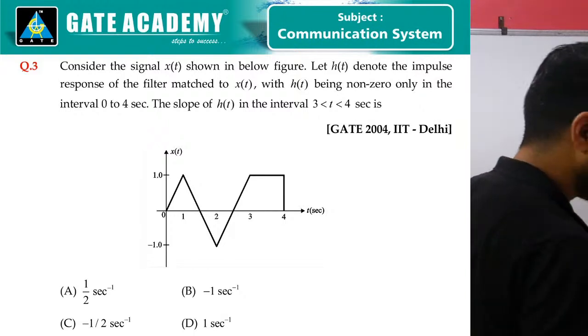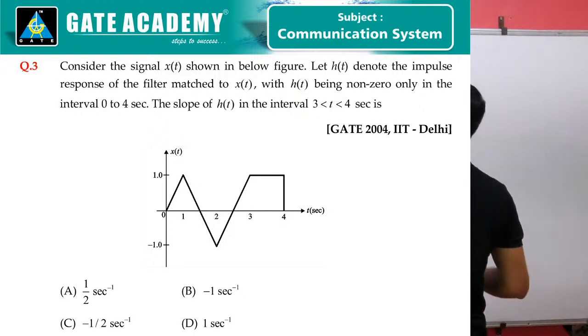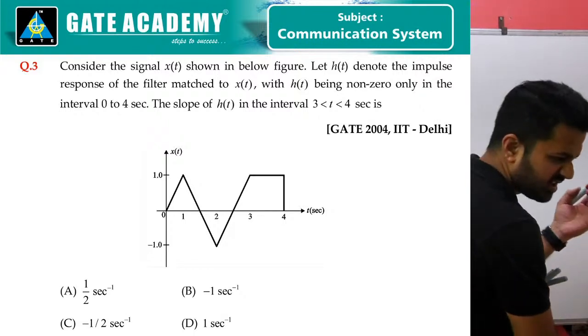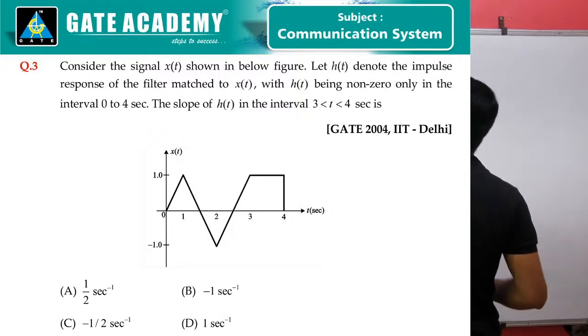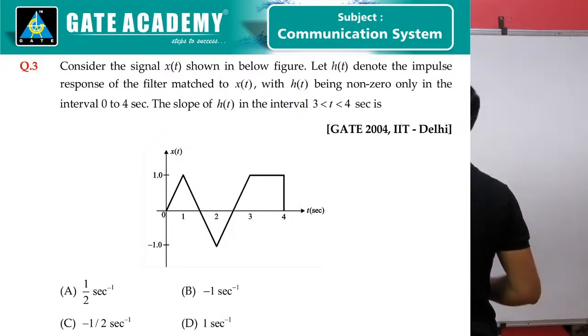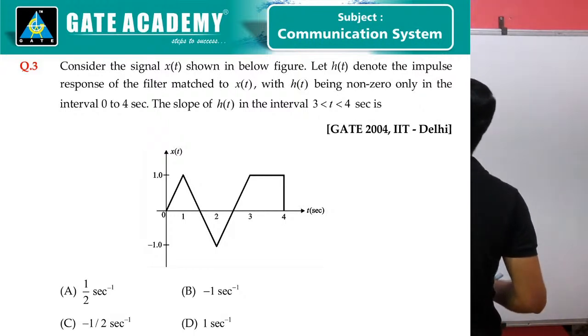Let me draw the signal first, which is the input to the matched filter. It goes 0, 1, then 2, then 3 and 4.